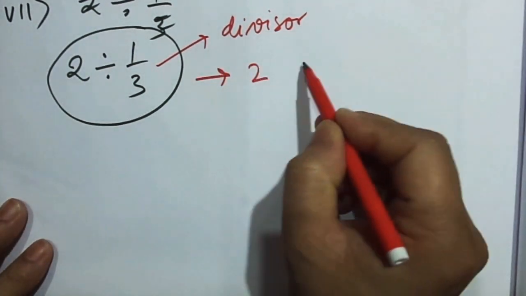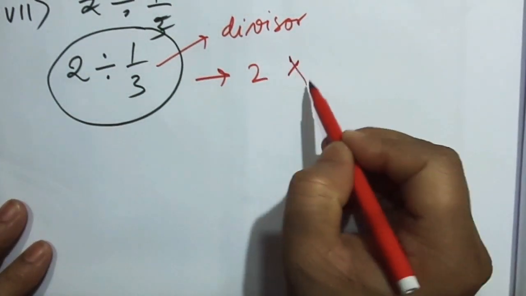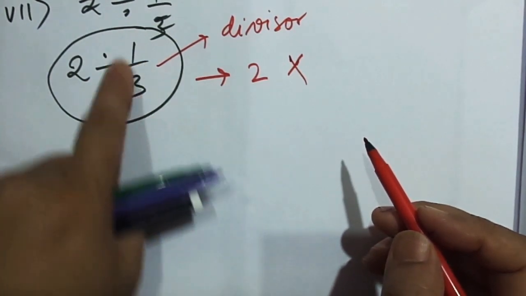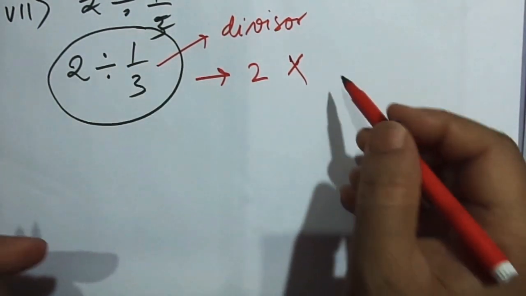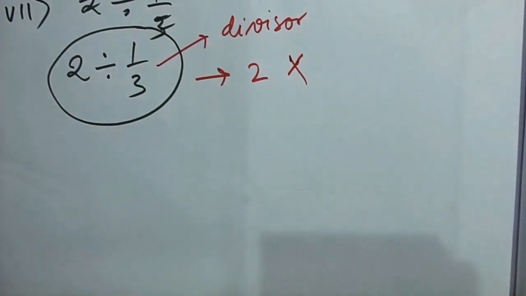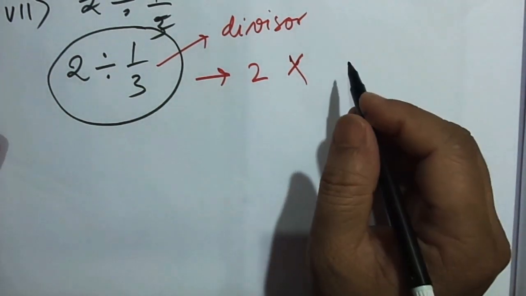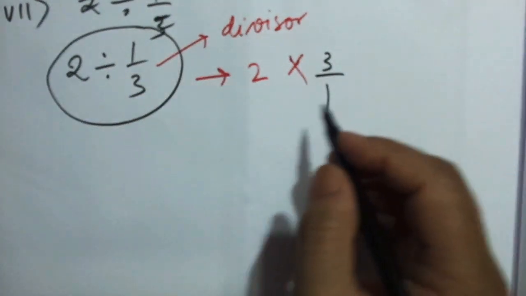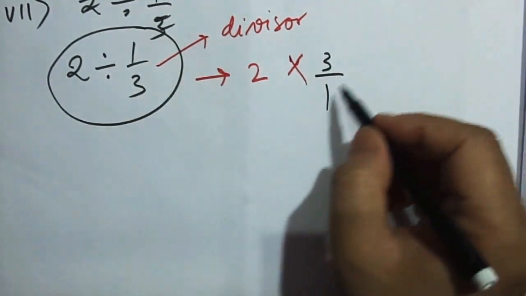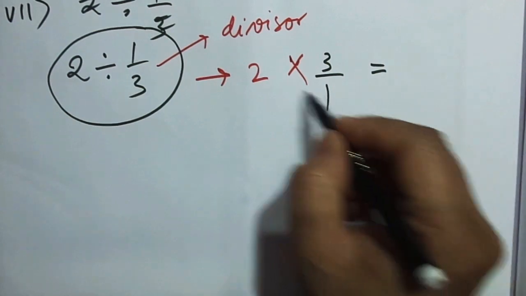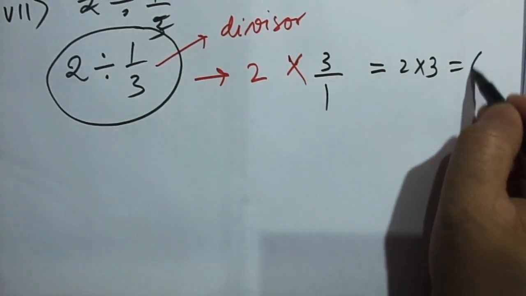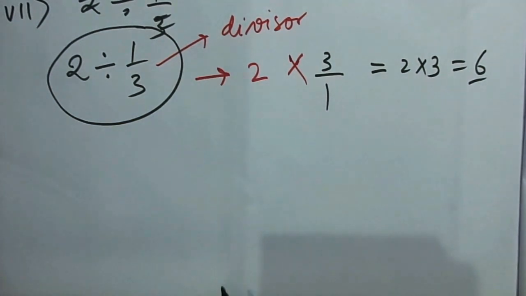When we convert this into multiplication form, we have to take the reciprocal of the divisor. Reciprocal means ulta, opposite. 1 by 3 will be 3 by 1. Let's cancel it. No cancellation. Therefore 2 times 3 will be equal to 6 is our solution.